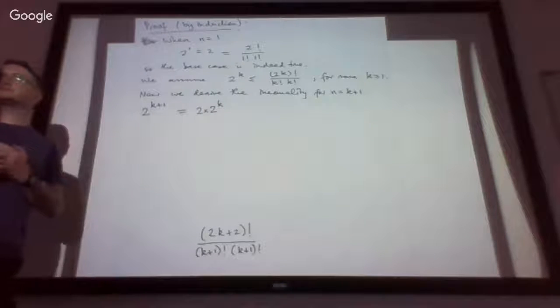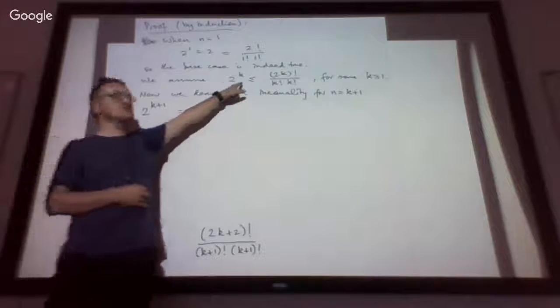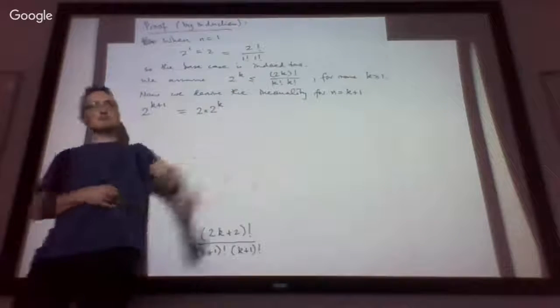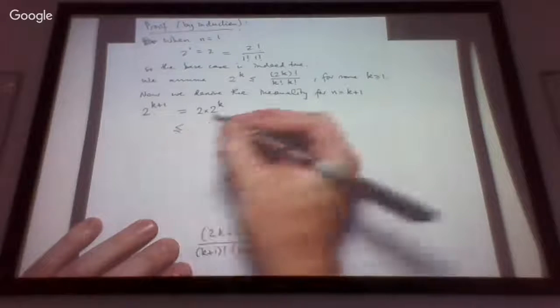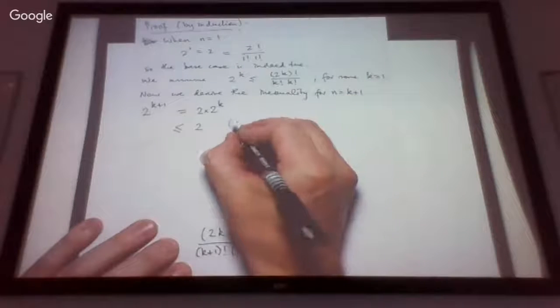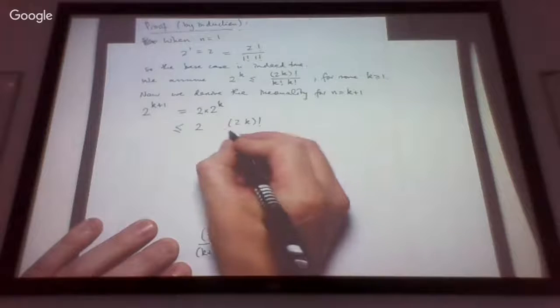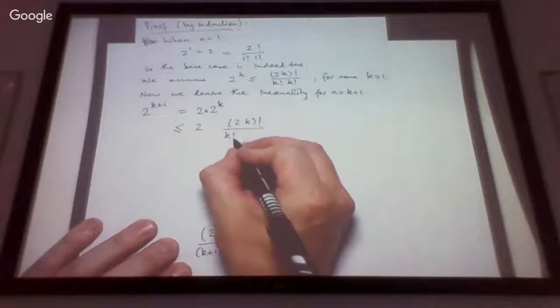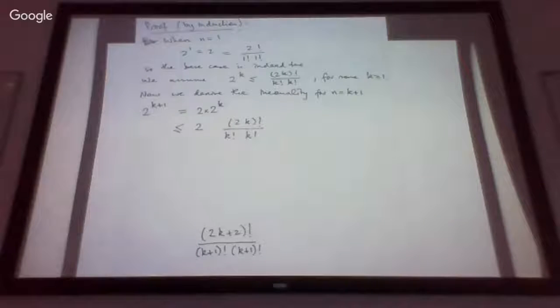That is good because it makes it clear how to use the assumption. I should now say that this is no bigger than 2 times 2 times that.